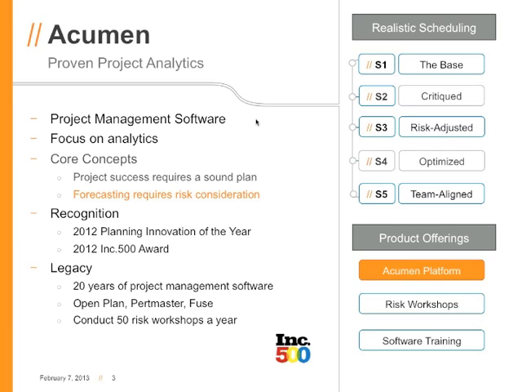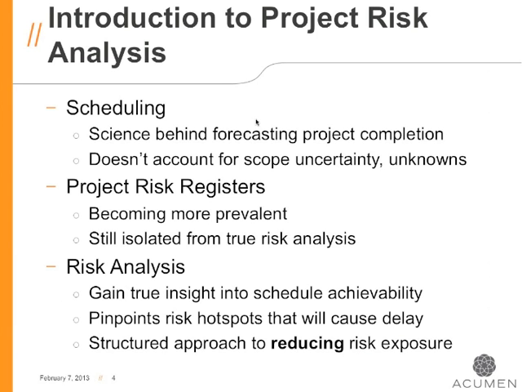A risk model still gives you a single point value. The difference, though, is it takes into account the likes of scope uncertainty and complexity of work, and it can even take into account the historical performance of the project to help adjust the forecast we're putting together in the form of a schedule, and make that forecast more realistic.